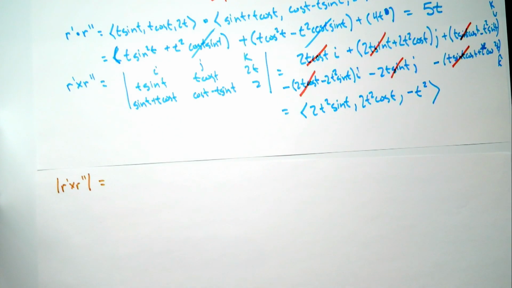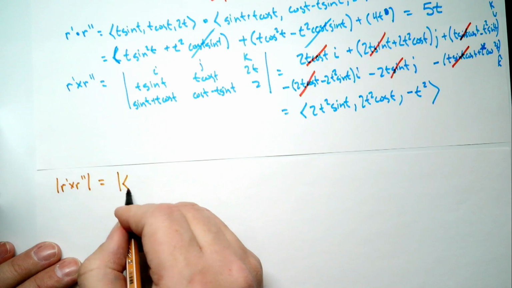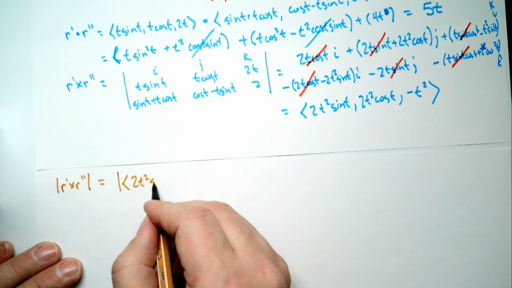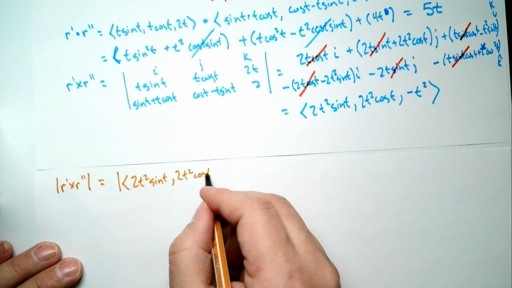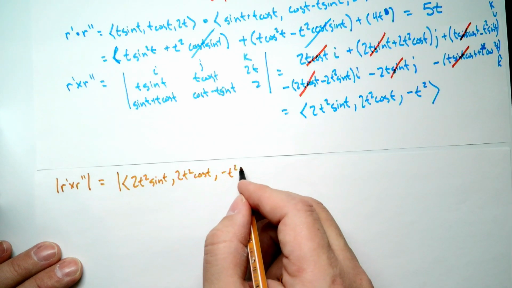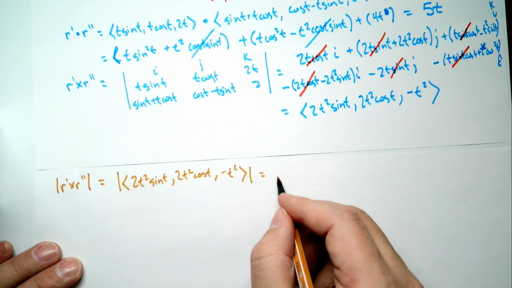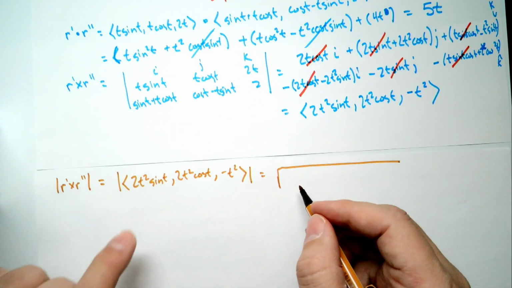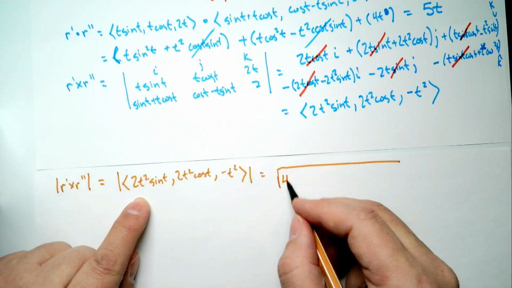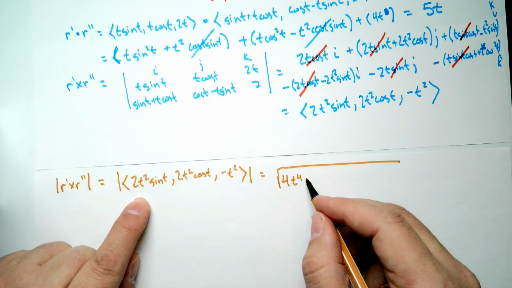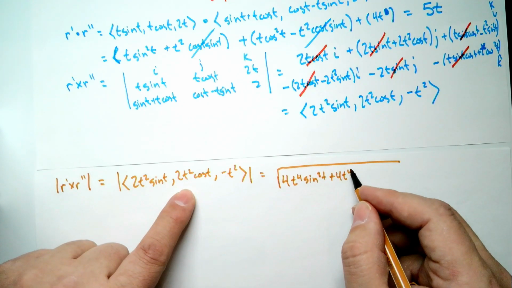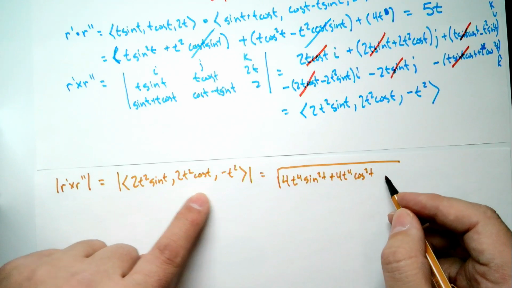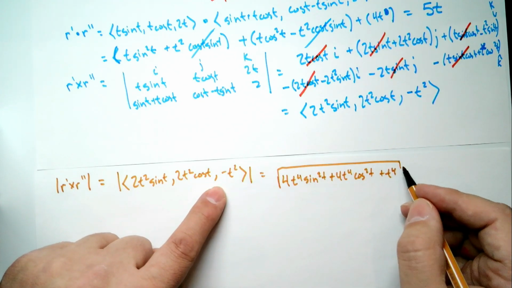Okay, so the magnitude of r prime cross r double prime. So that's the magnitude of this vector, 2t squared sine t, comma, 2t squared cosine t, comma, negative t squared. So that is the square root of, square each entry, 4t to the fourth sine squared plus 4t to the fourth cosine squared plus t to the fourth.